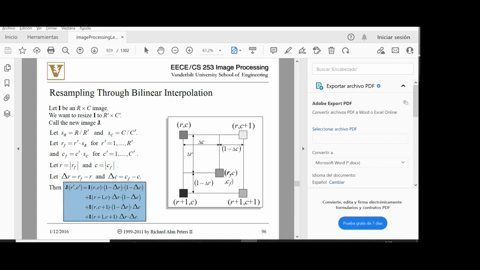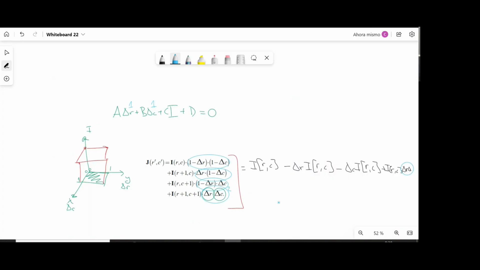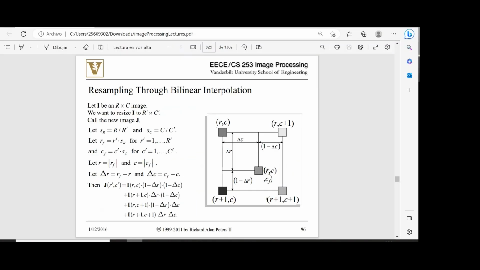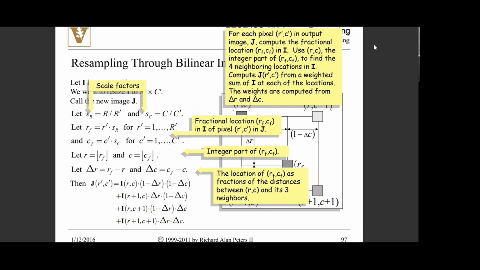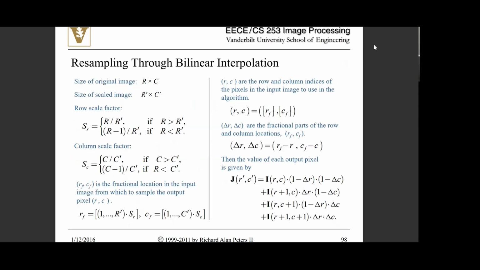Okay, then, this one. Okay, so this is bilinear interpolation. Yeah, this is all the explanation that has been given. And at the end, the scheme is the same.